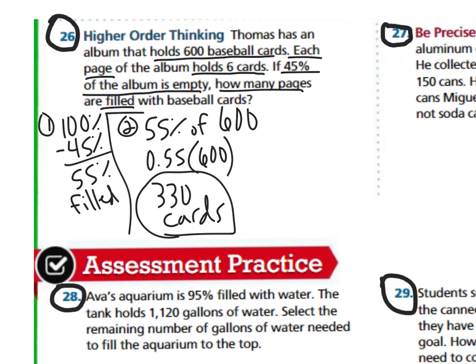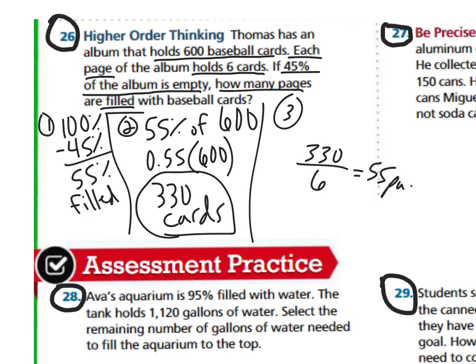Probably should number our steps here. And then each page holds 6 cards. So if you do 330 divided by 6, then that would be 55 pages. So 55 pages are filled with baseball cards.